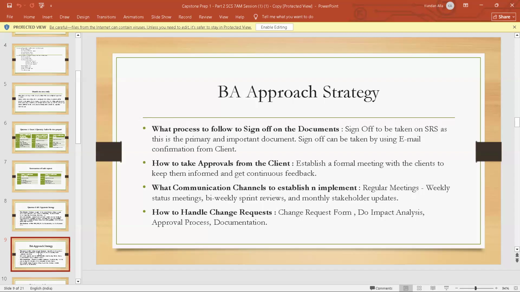Based on all these things, you do the impact analysis. After that you go through the approval process, and then you make documentation on the change request.